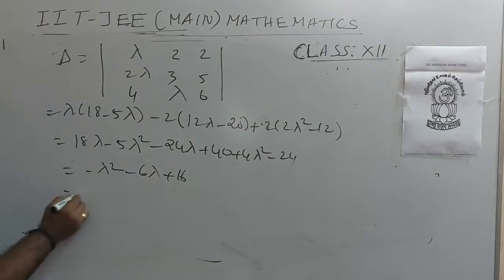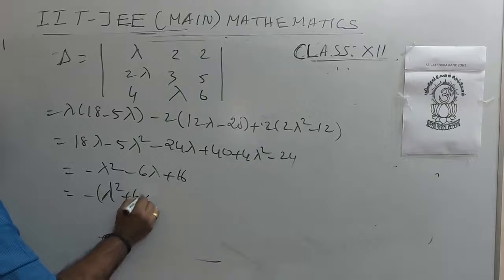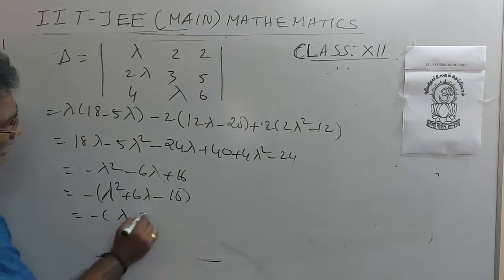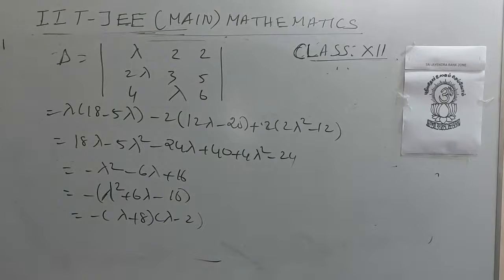We take minus common: minus into lambda squared plus 6 lambda minus 16, which is minus into (lambda plus 8)(lambda minus 2).